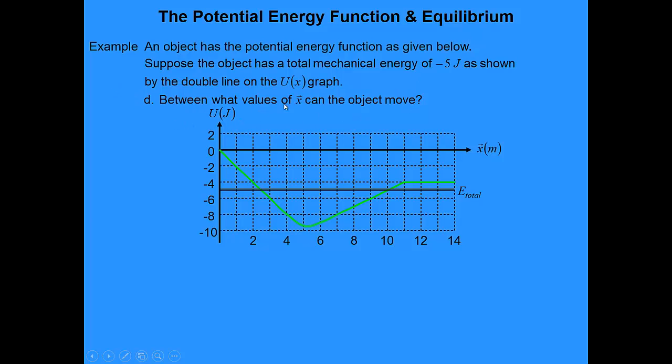We can determine the x's that the object can actually have by considering what points it can actually get to, at what points it actually has enough energy to reach, okay? How high up the sides can the marble go? And that's got to do with the total amount of energy we have here. And something special about kinetic energy.